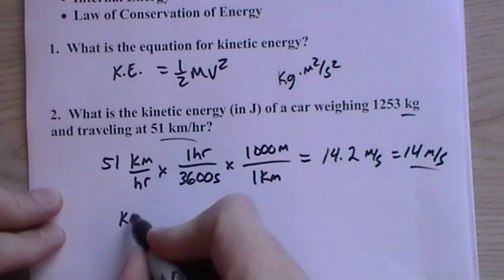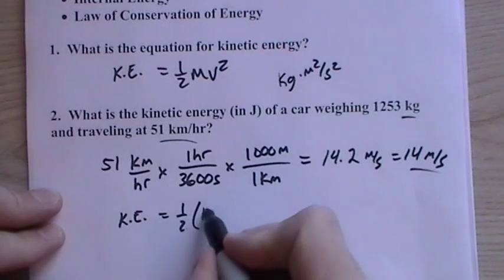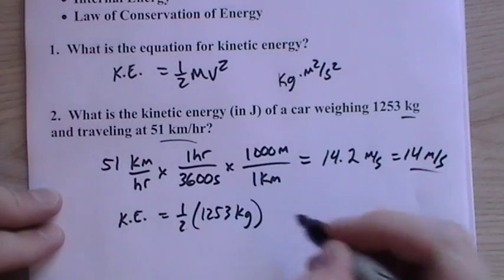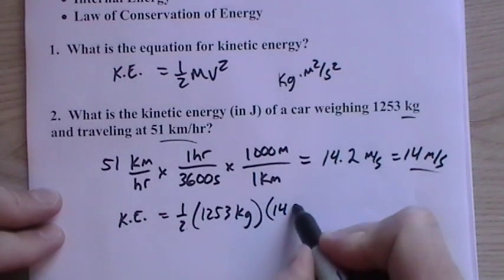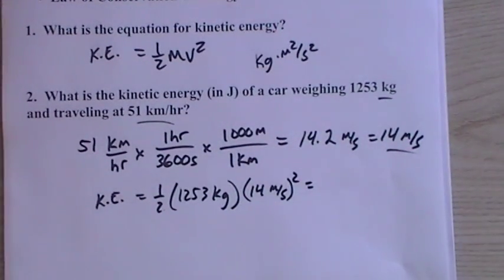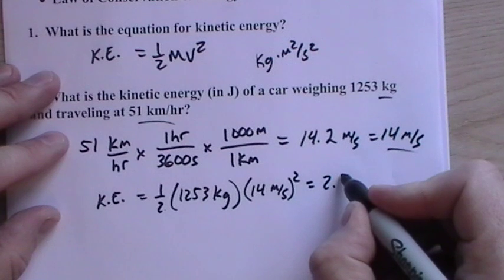And then our kinetic energy is 1/2 the mass of the object, which is a car, and the car is 1,253 kilograms. The speed is 14 meters per second. This is actually good to see when you leave off significant figures. You give a lower number of them, it actually makes things.